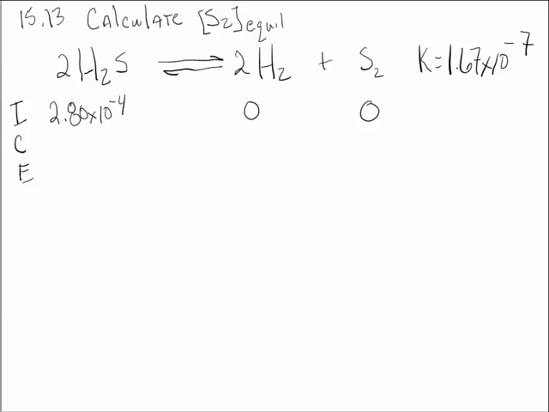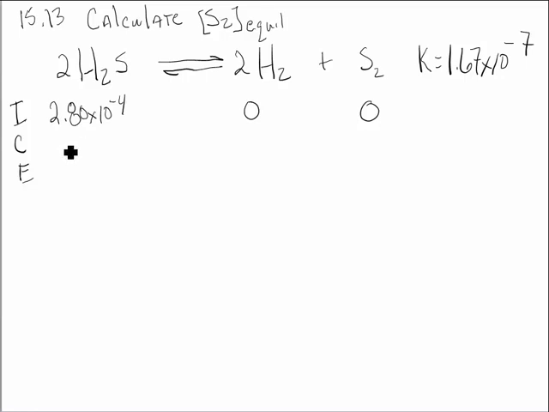I put up the problem. Basically, it's to calculate the equilibrium concentration of sulfur, S2, after the system has reached equilibrium. So we need to fill in the rest of the ICE table here.